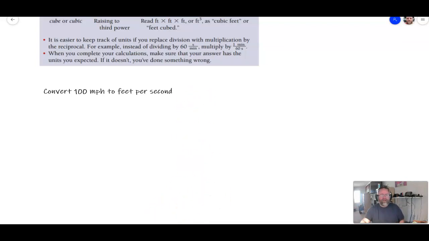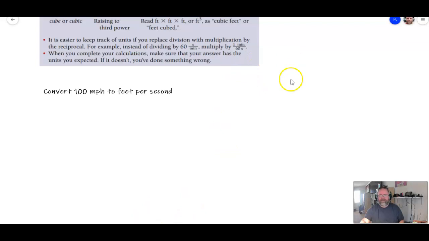And a unit fraction is a fraction where the top and the bottom quantities are the same. They just may be using different units. For example, 60 seconds is equal to 1 minute.